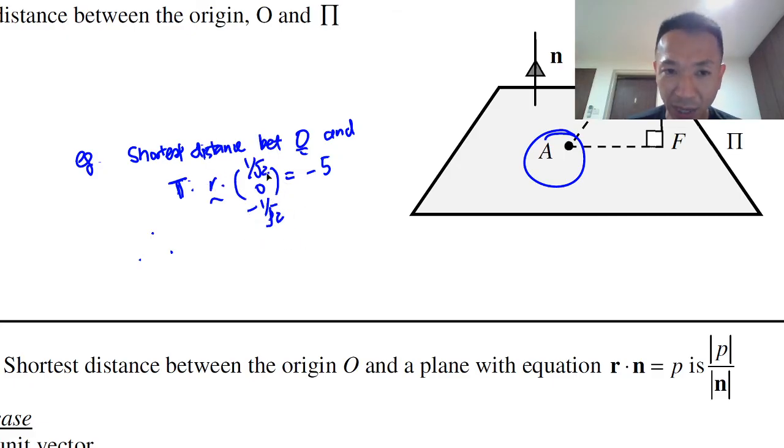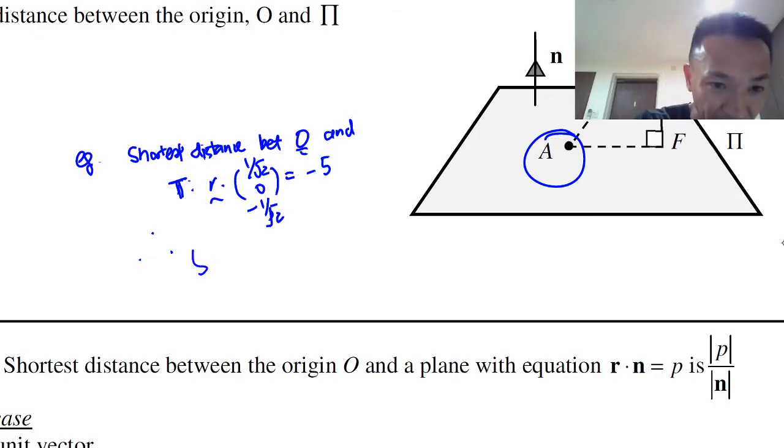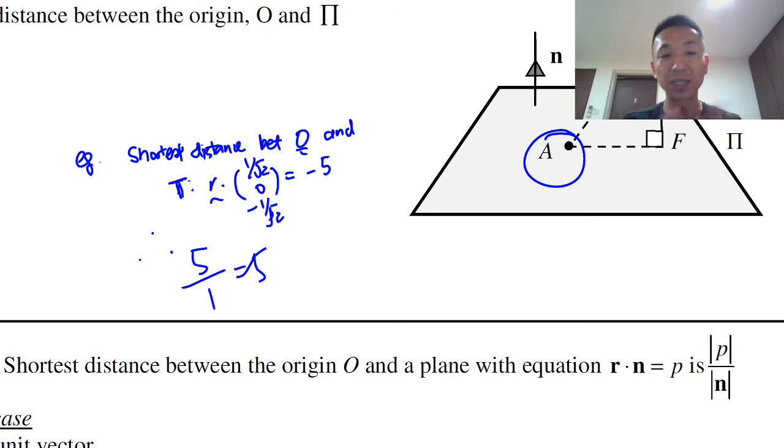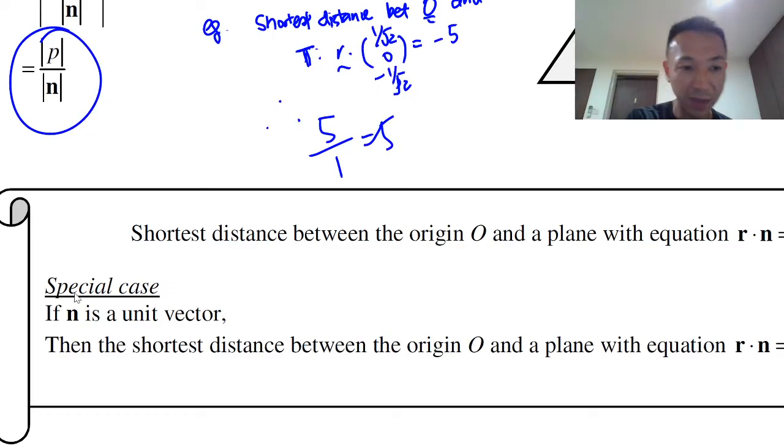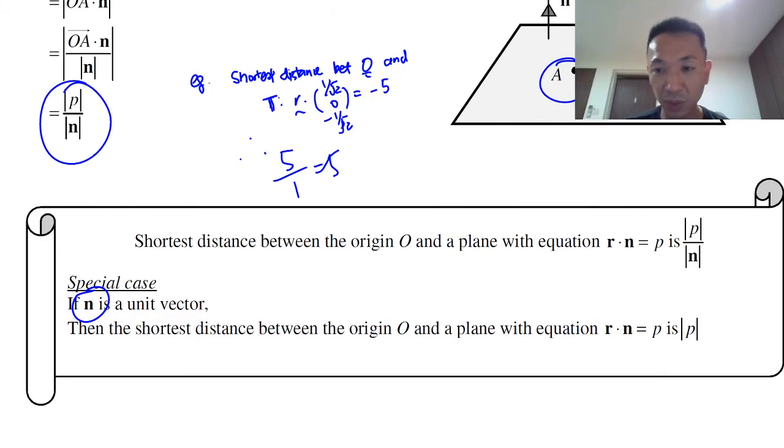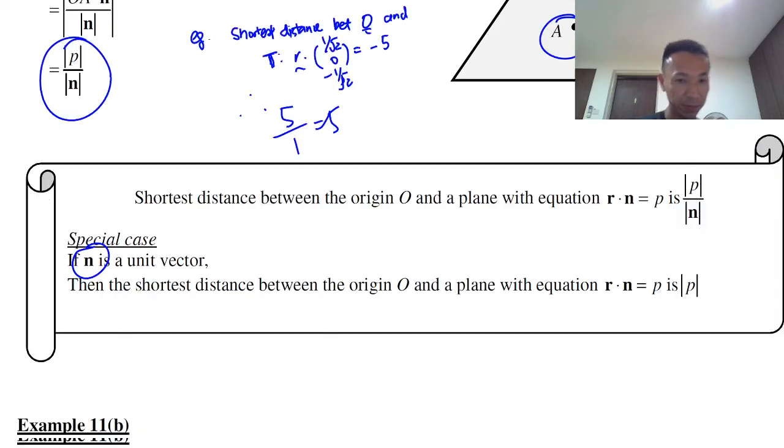So once I observe it is a unit vector, it's actually 5 over 1, which is 5. So the shortest distance is just 5. By observation. Done. So this is the point that I'm trying to make here. If n happens to be a unit vector, then the shortest distance will just be mod p. Got it? Yes? Okay.